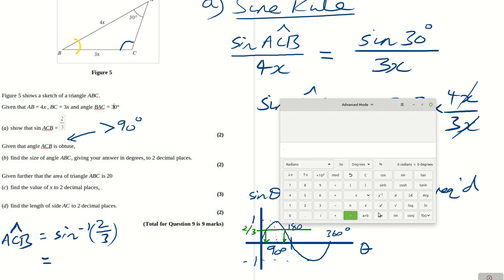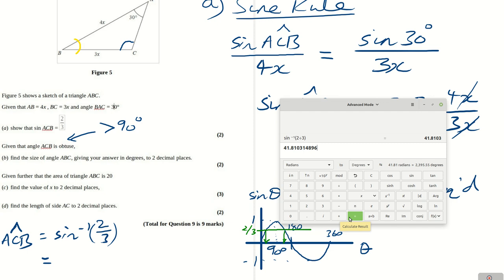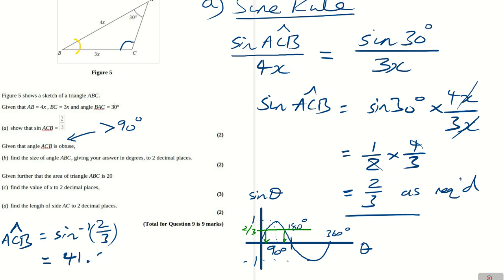Here we are, yes. So inverse sine of 2 divided by 3 equals 41.81 degrees.